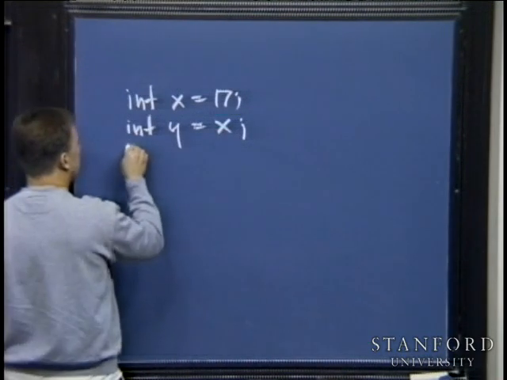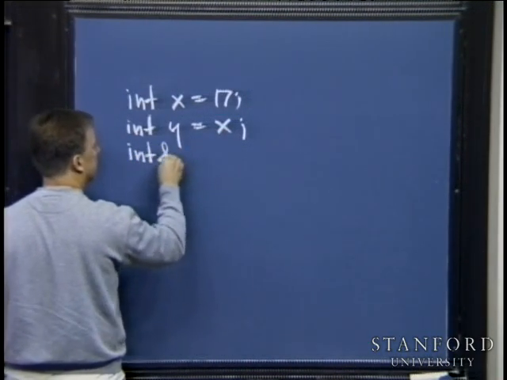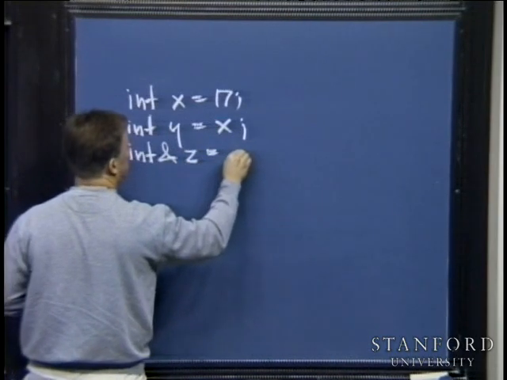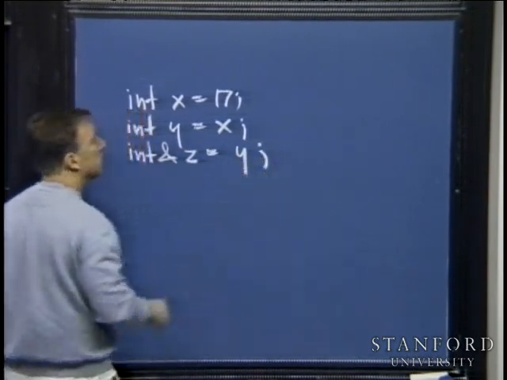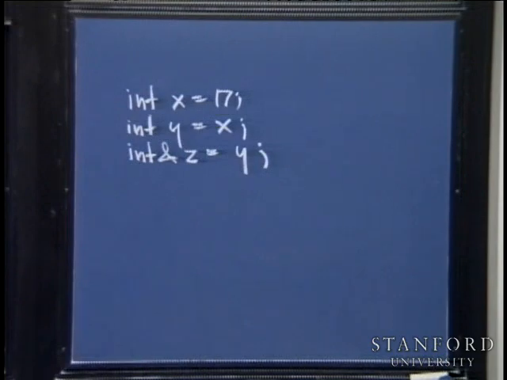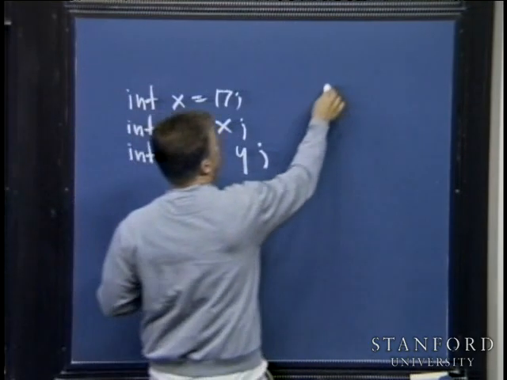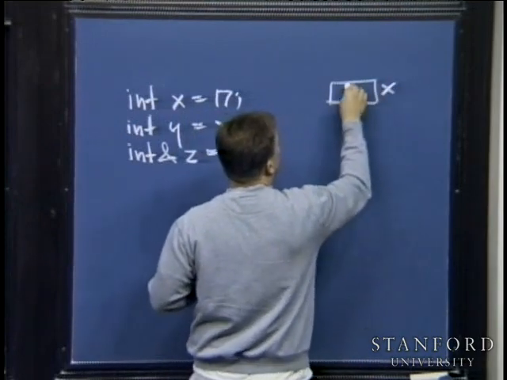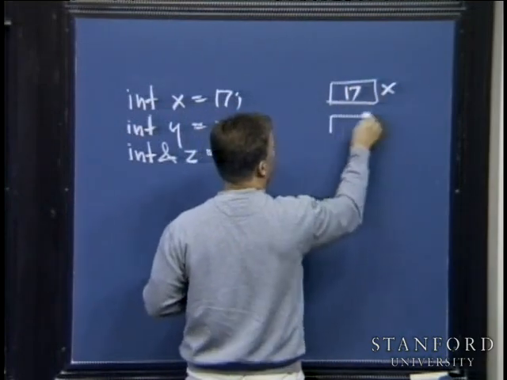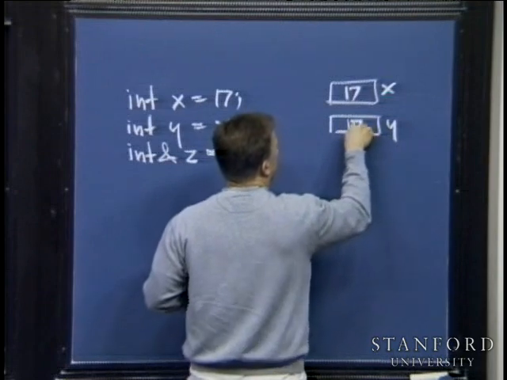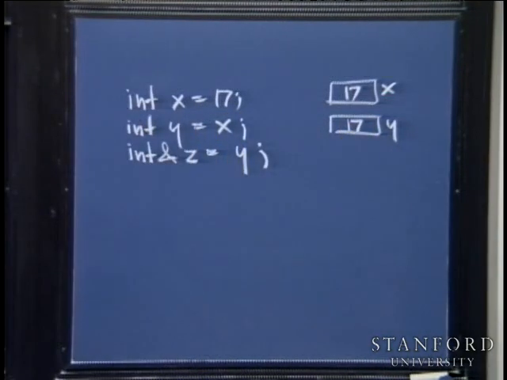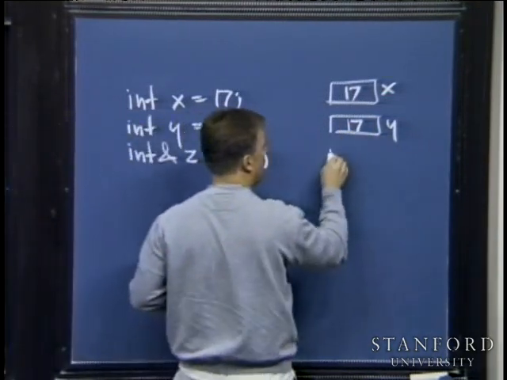If you want to do this, you can. Okay, and this isn't a very compelling reason, because ints are small and there's no real algorithm attached to this code, so it's not necessarily clear why I would do that. The way this is set up is that x really is set aside as an integer with a 17, y is really set aside with its own copy of the 17, but z is declared.